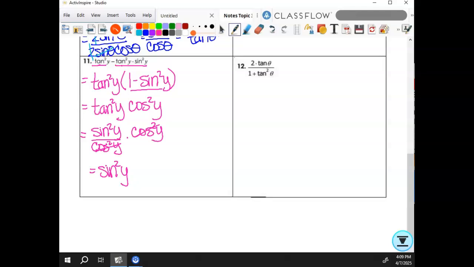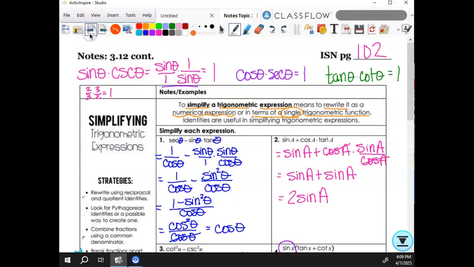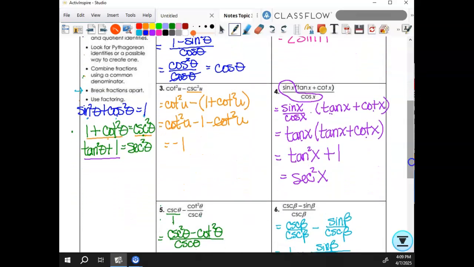All righty, last one. I've got 2 tangent theta over 1 plus tangent squared. So if you look back at your Pythagorean identities, which we had written right here, 1 plus tangent squared is secant squared.